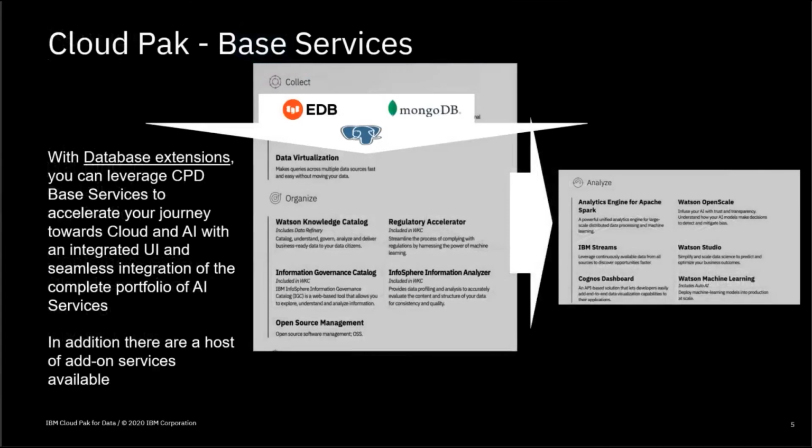I want to touch on and stress in a little more detail some of the base services, and you're going to hear and see some of these in action as we get into the demos. When we look at where your data can flow, it can flow through data virtualization, providing easy access, beginning with a connection environment.